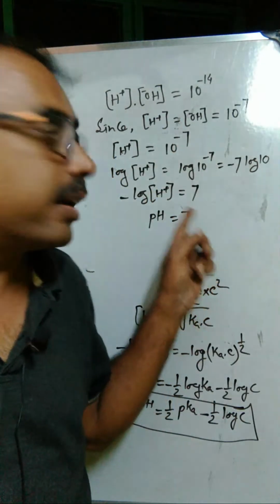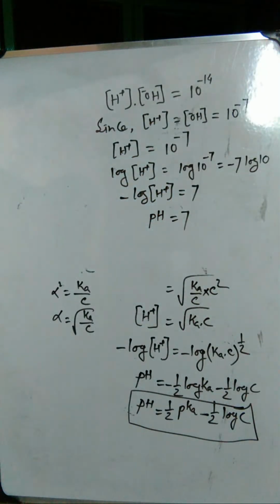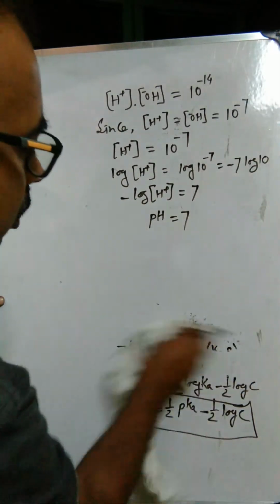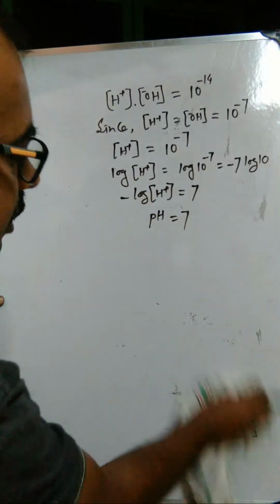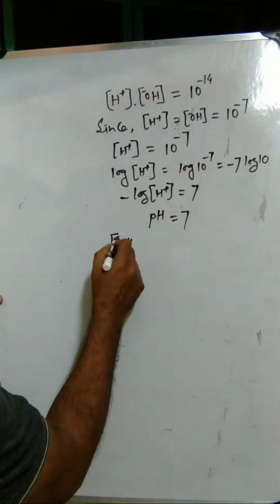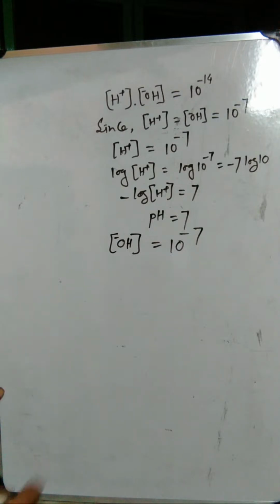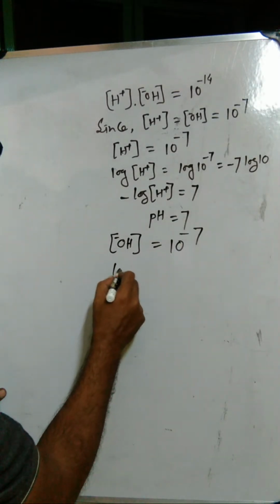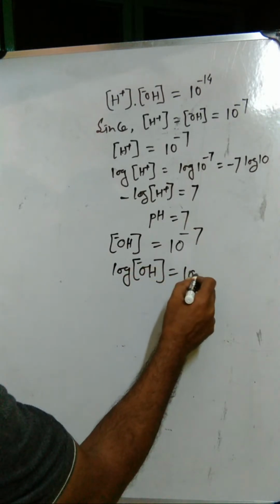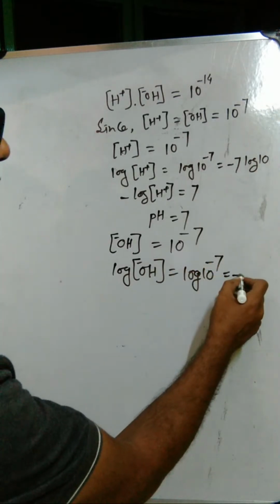From there we get the pH of pure water as 7, and similarly the concentration of OH minus is also 10 to the power minus 7. Now if you take log on both sides, then log of concentration of OH minus equals log of 10 to the power minus 7, or minus 7 log 10.